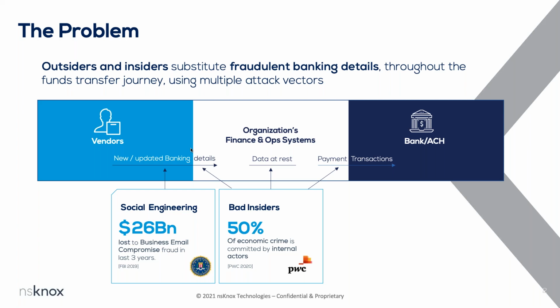You may get the right details and they can manipulate them when they enter them into the system. Data at rest can be manipulated by bad insiders, sometimes working together to bypass controls. Your IT folks, unfortunately, can gain access to the underlying master data and so on. It can also impact data in payment files before you send them.